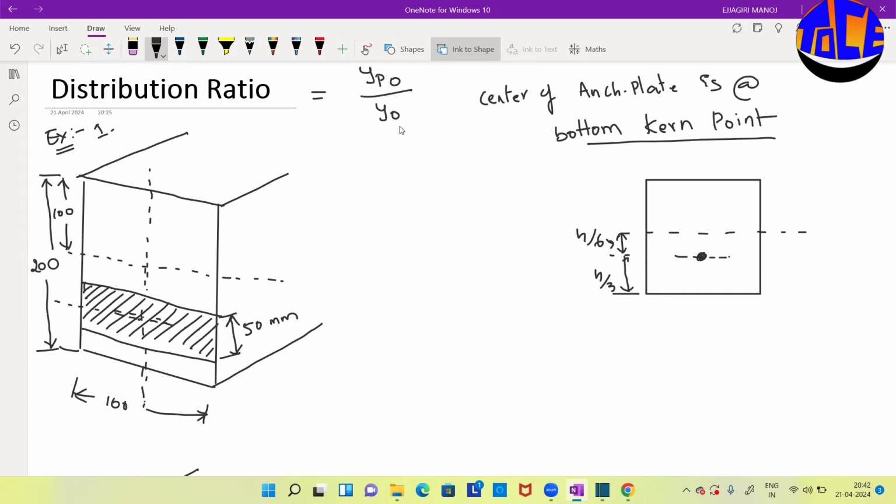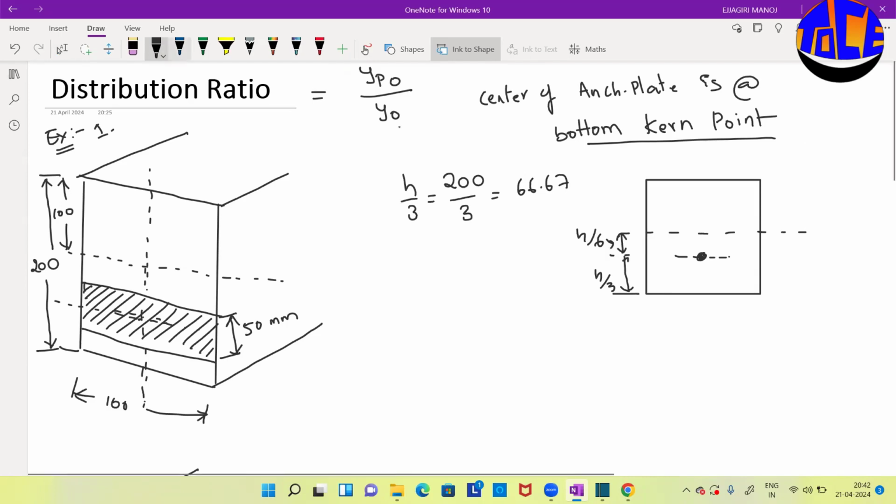So here, h by 6 from the center means h by 3 from the bottom. h by 3 means 200 divided by 3, so it will be 66.67. So the location of the anchorage plate is at 66.67 from the bottom.